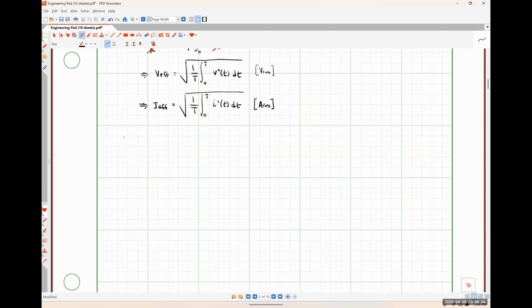So some important stuff. For a single frequency sinusoidal signal, let's just say that x of t is xm cosine omega t plus some generic phase angle theta x.